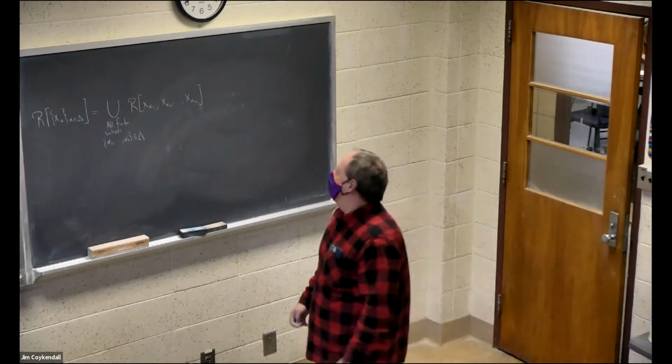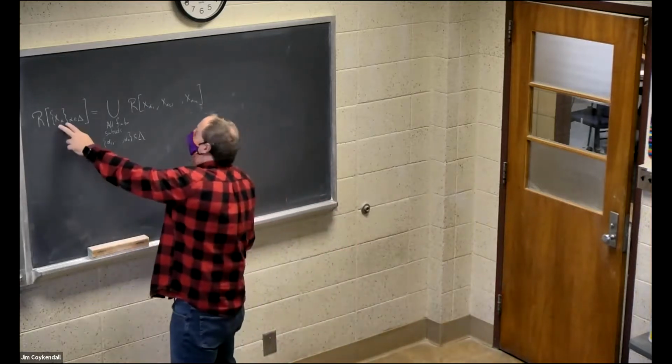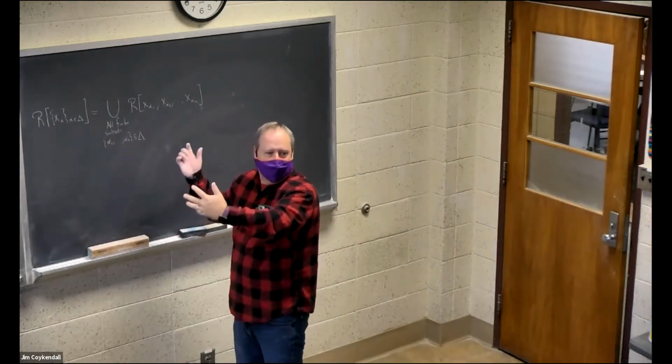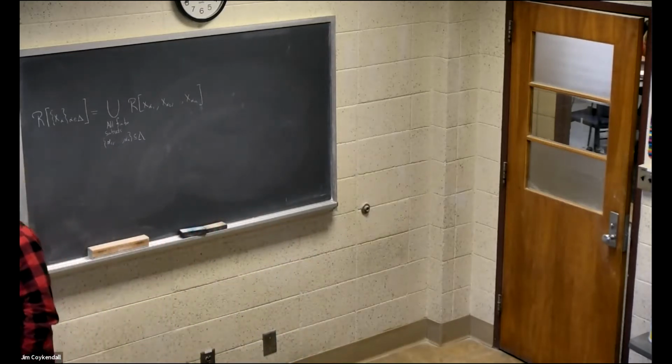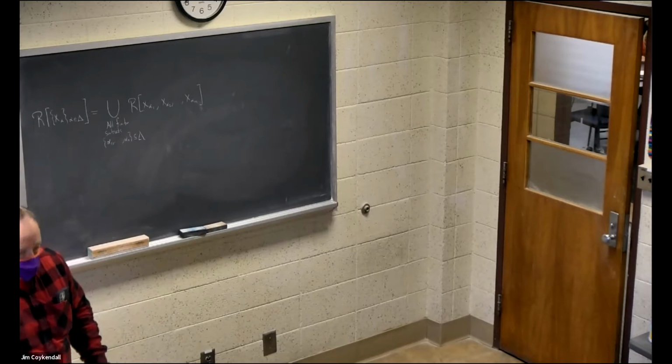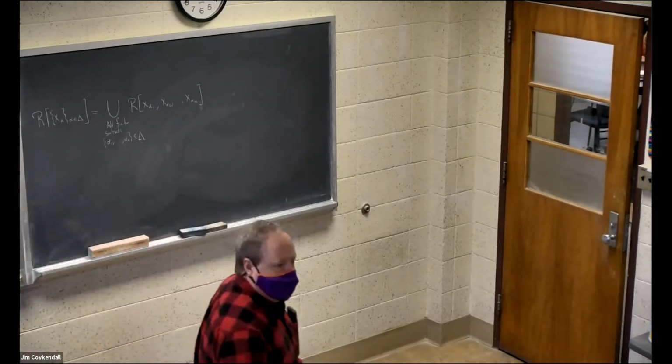So a typical element of even a large index set like this will only involve finitely many variables. So a typical element lives in one of these things right here. Everybody okay?